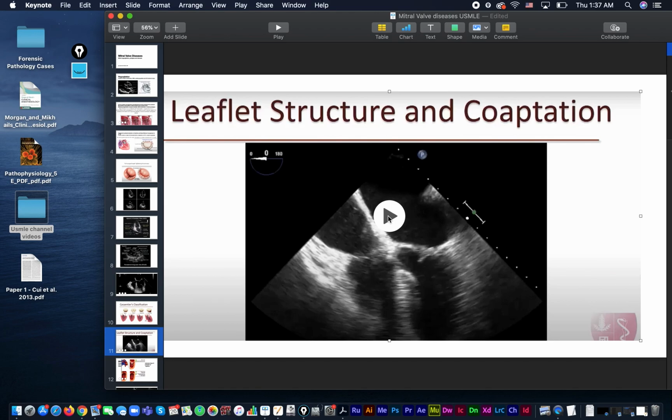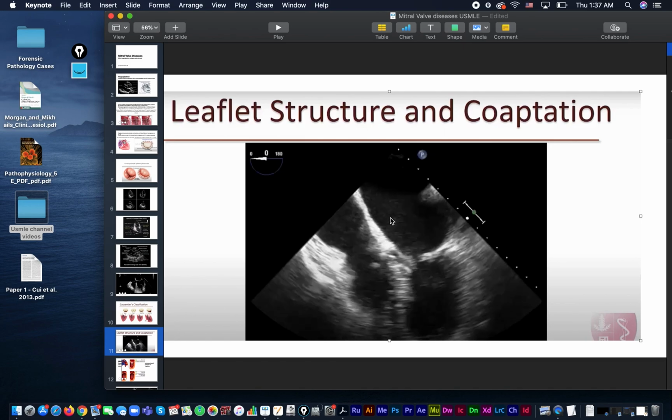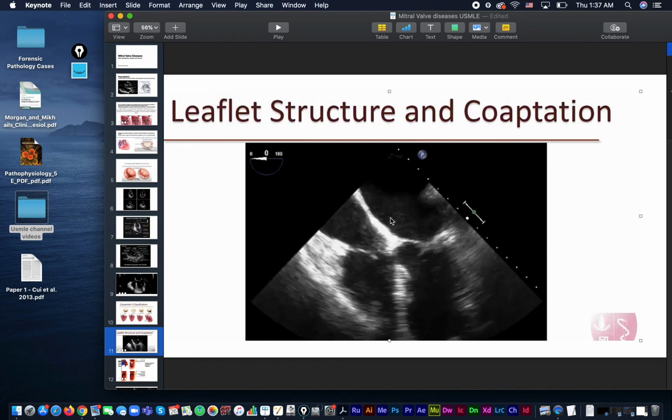Let me catch it. Yeah, see here it's closed, but the tricuspid is... Oh, this is an interesting one.